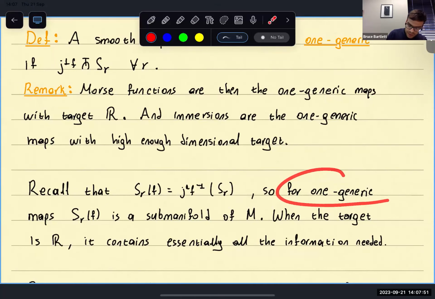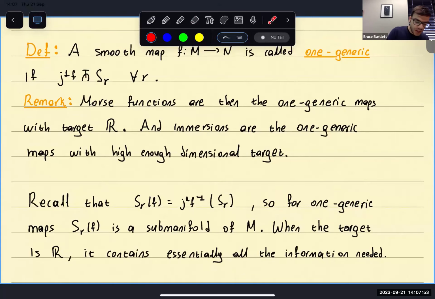So in particular, if our map is 1-generic, so if we have all of these transversality conditions, we know that the sets S_r(f) are actually submanifolds of M. This is the transversality theorem that we saw yesterday, not Thom's generalised one.